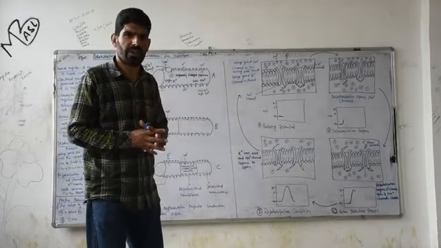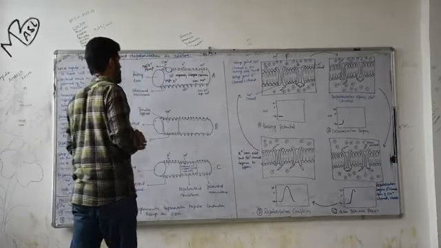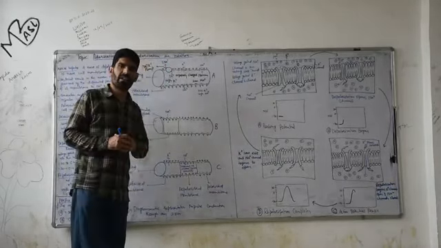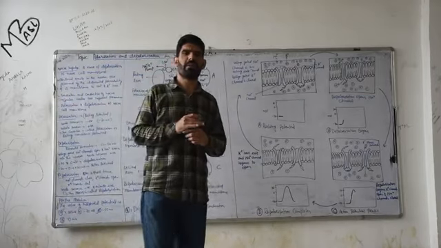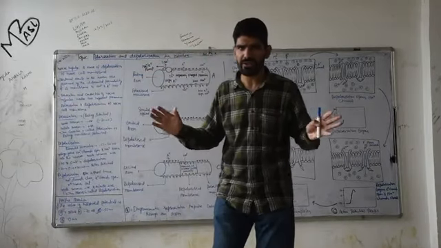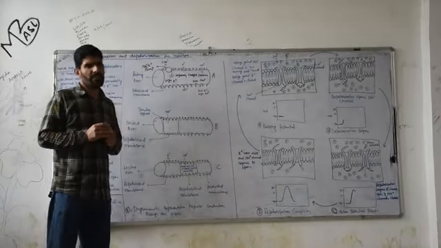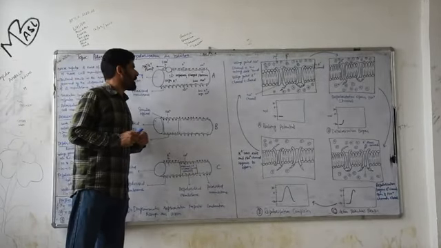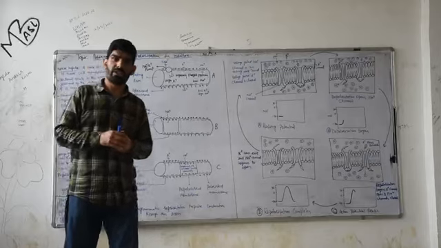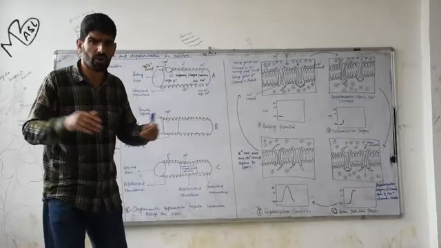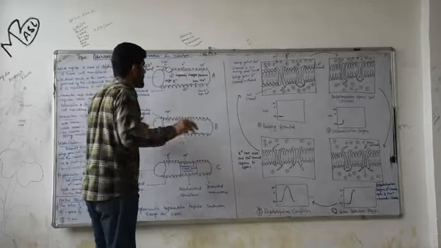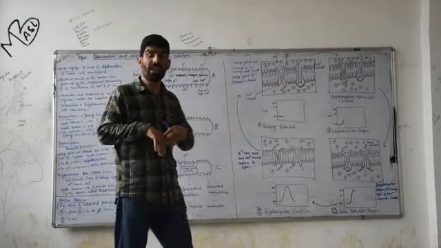actively by using an ATP molecule, and as a result, the outside of the plasma membrane becomes positively charged, along with the negative charge in proteins. So net charge outside is positive and net charge inside becomes negative.